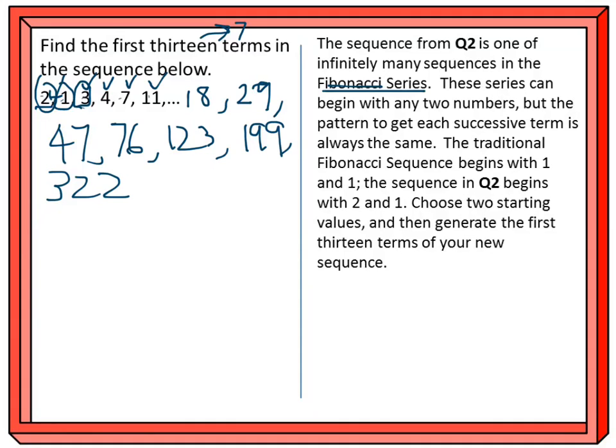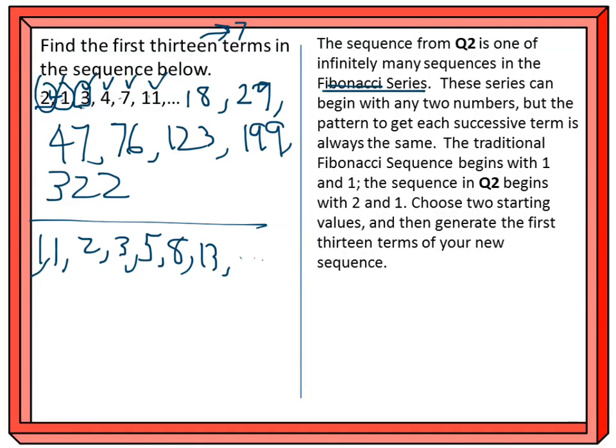The traditional Fibonacci sequence starts with a 1 and a 1, and then you build all the numbers from that. 1 plus 1 is 2, 1 plus 2 is 3, 2 plus 3 is 5, 3 plus 5 is 8, 5 plus 8 is 13, and so on, right? So this question over here is asking us to pick any two starting values that we want and then make the first 13 terms of that sequence in the Fibonacci series.